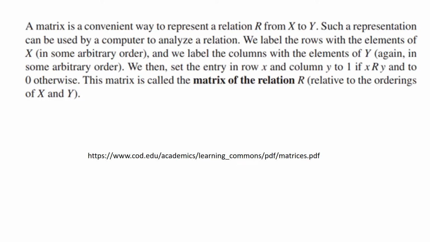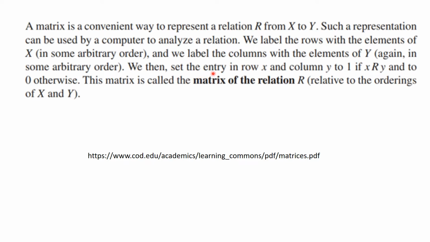I think we talked a little bit about this last time, but it is a good review. A matrix is a convenient way to represent a relation R from X to Y. This is especially useful if you're putting this into a computer. We label the rows with the elements in X in some order, and it does make a difference, the order. And we label the columns with the elements of Y, again in some order.